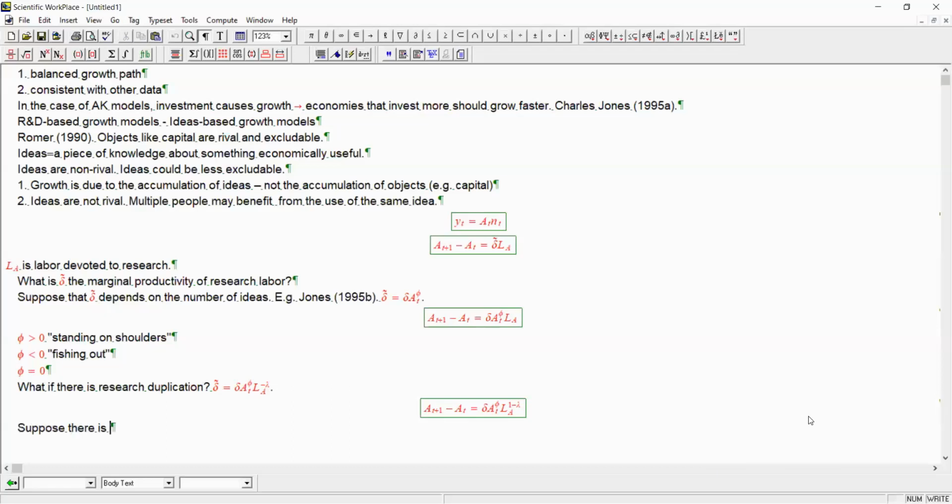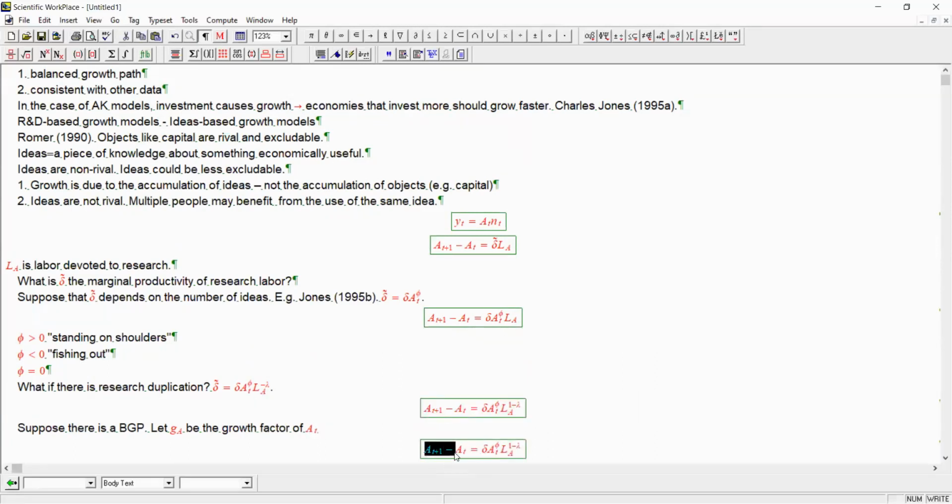Suppose there is a balanced growth path in this model, and let G of A be the growth factor of A. And now let's take a look at this.